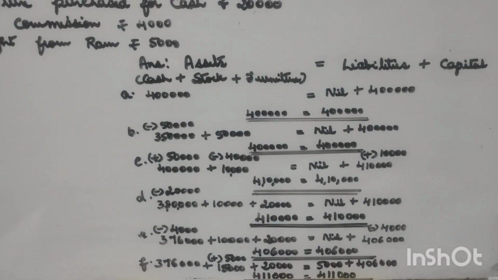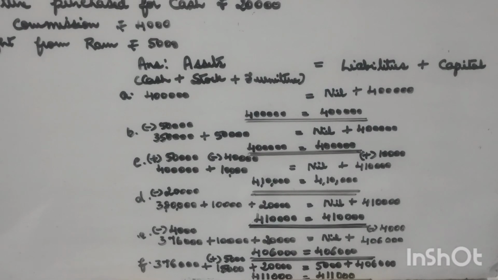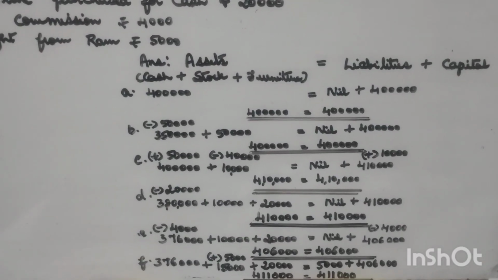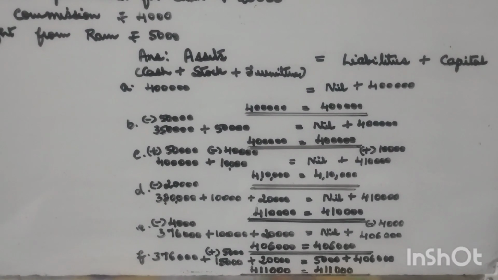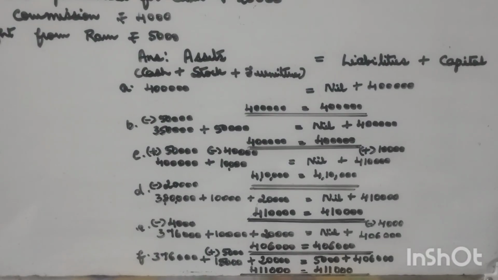Next, E. Paid commission. When the commission is paid, that affects the cash balance as well as the capital of the business. So 4,000 has to be deducted from the cash balance. Present cash balance is 3,80,000. 4,000 has to be deducted for the payment of commission.